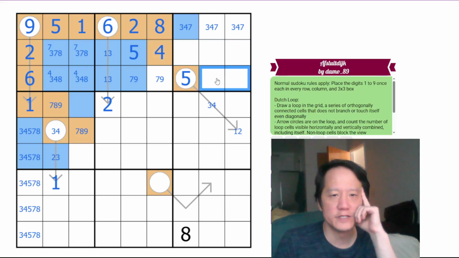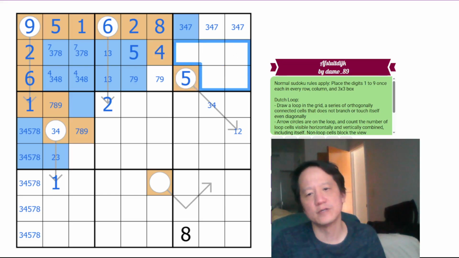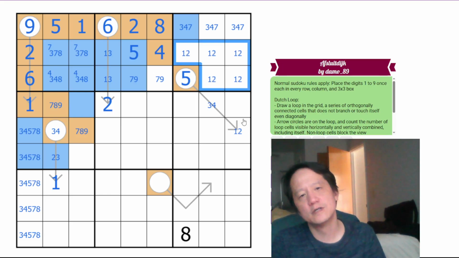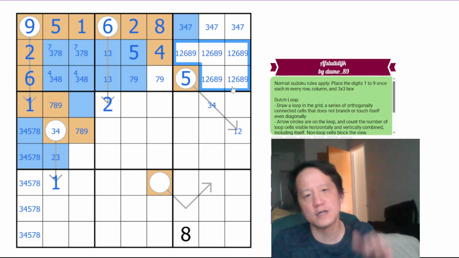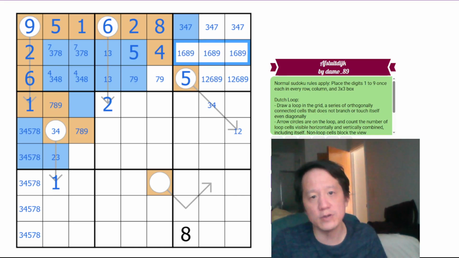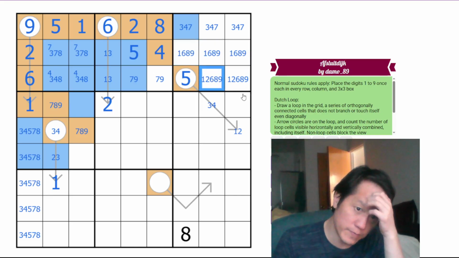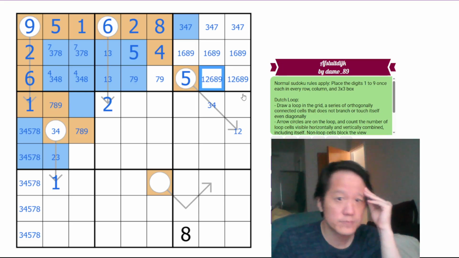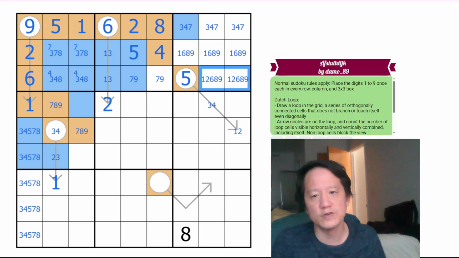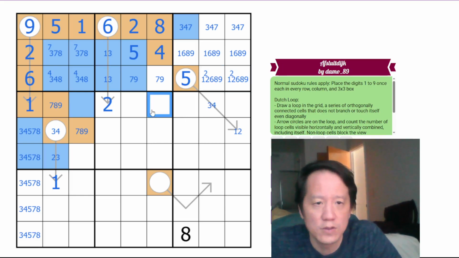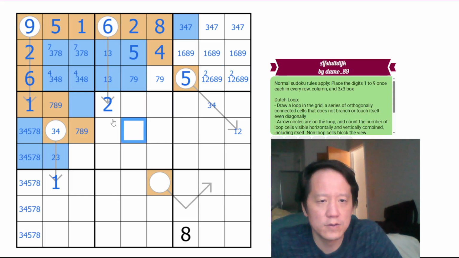What are the remaining digits in box 3? We have 1, 2, 6, 8, and 9. 2 cannot be here. So 2 is one of these two digits here. Okay.